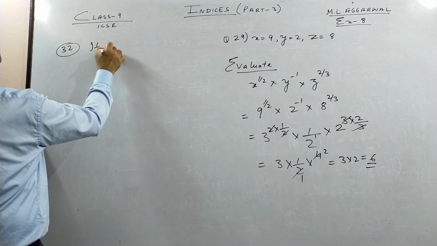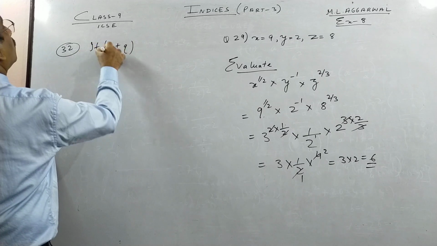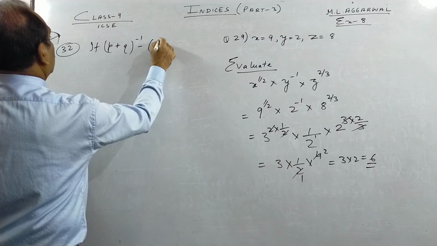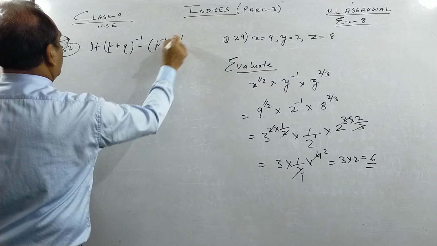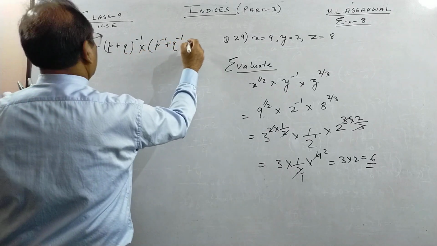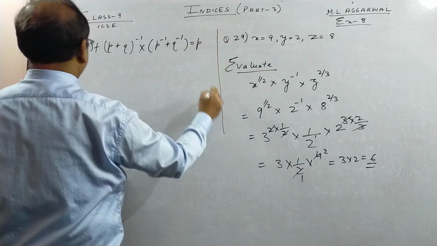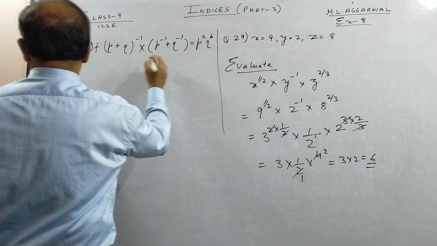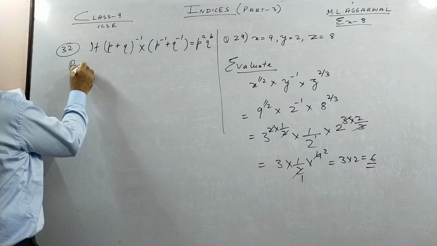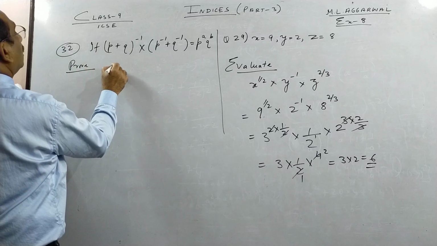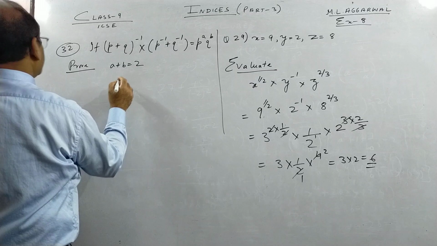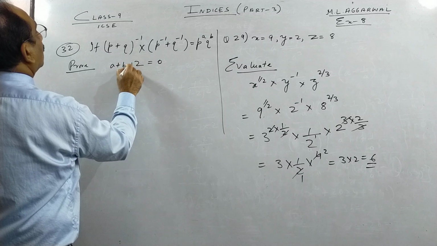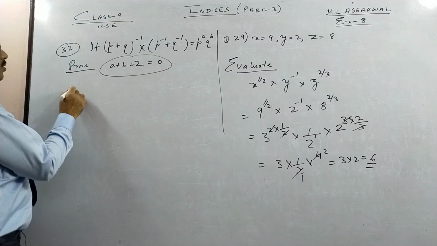If (p plus q) to the power -1 into (p to the power -1 plus q to the power -1) is p to the power a into q to the power b, we have to prove that a plus b plus 2 is 0. So how do we go about it?